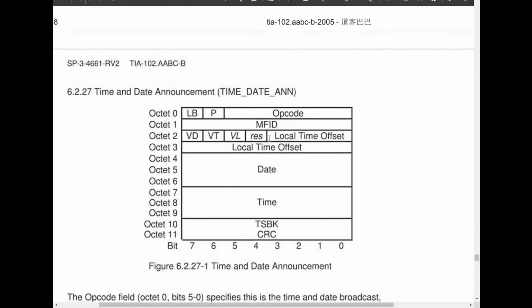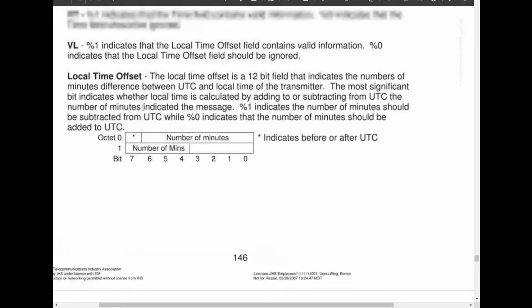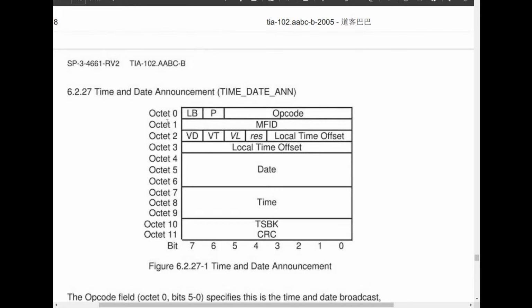So, right here, ignore all that, but octet 0, bit 7 of the local time offset is actually octet 2, bit 3 in the overall grand scheme of things.